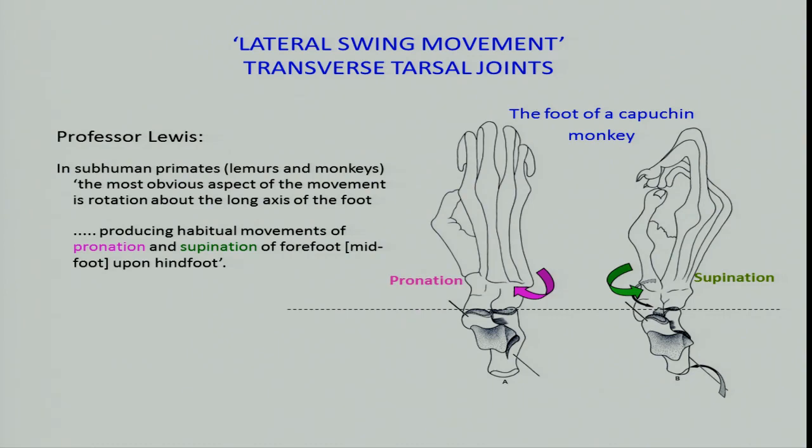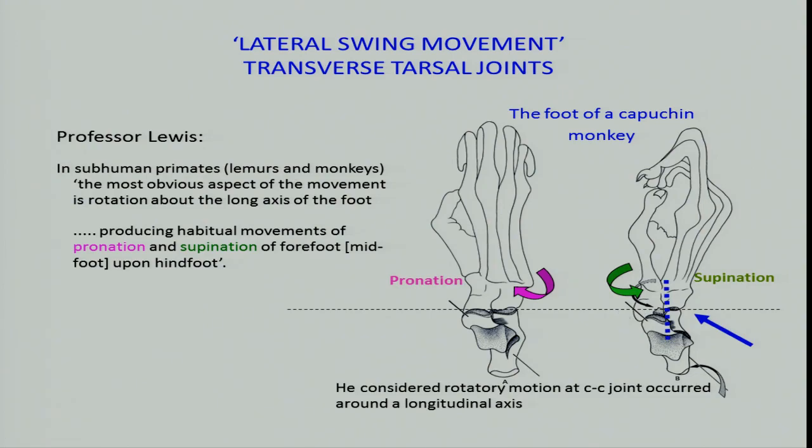So in other words, it was just like our movement in the upper limb, except this movement occurs in the forearm, the pronation and the supination. Lewis says, no, in the monkeys, this occurs in the tarsal region.